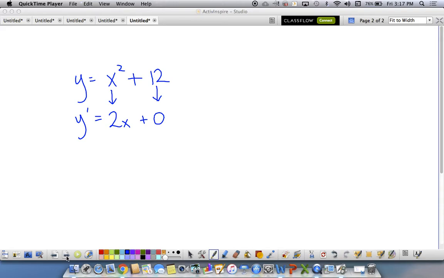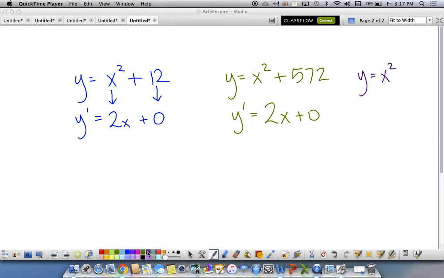Let me give you a different one. What if y equals x squared plus 572? What is y prime? Yeah, it's the same thing. Let me do one more: y equals x squared minus 7.